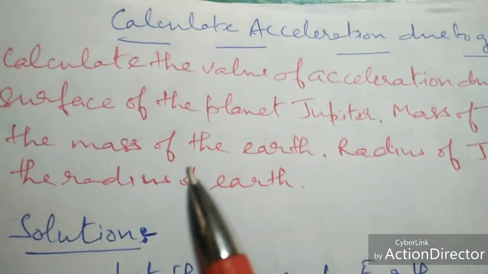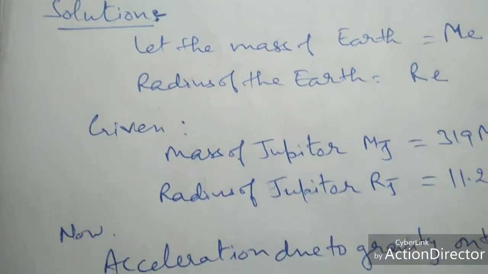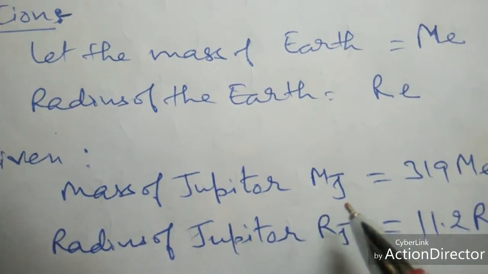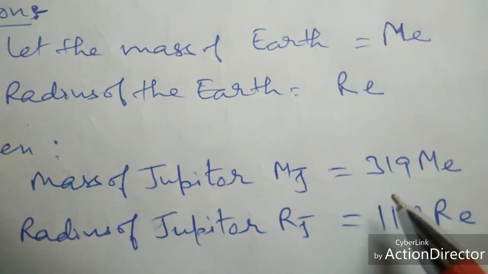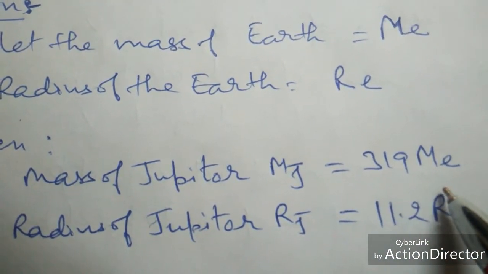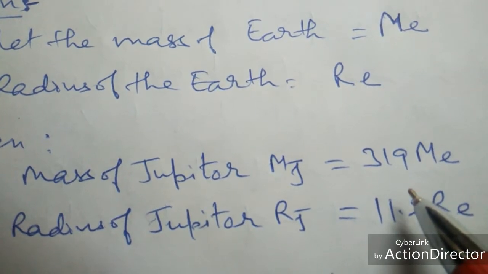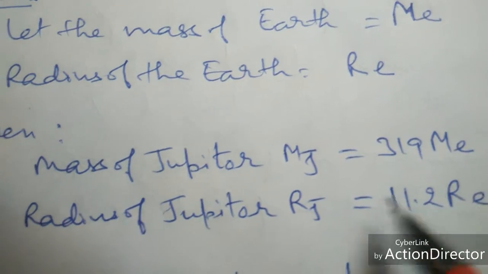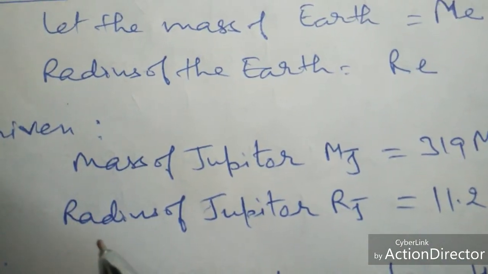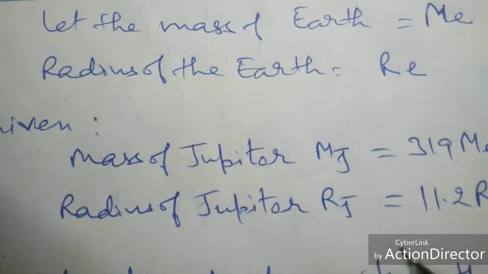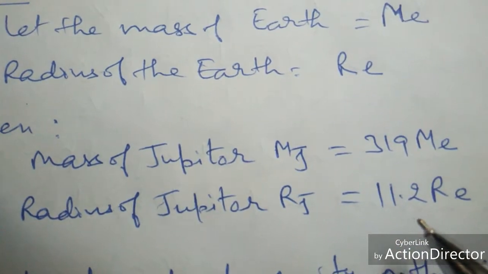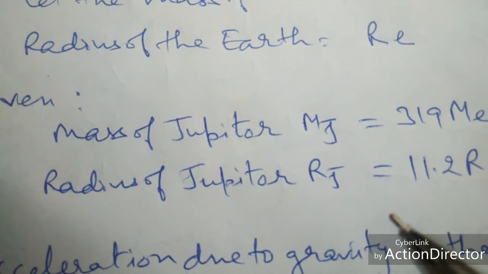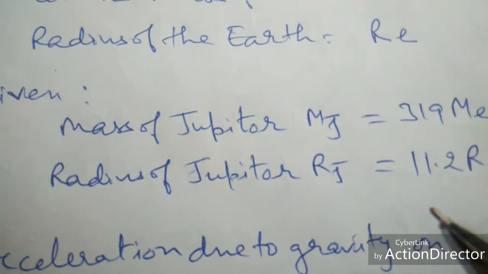So according to the statement, mass of Jupiter, that is Mj, will be 319 Me, because the mass of Jupiter is 319 times that of Earth. Similarly, the radius of Jupiter, Rj, will be 11.2 Re, because the radius of Jupiter is 11.2 times the radius of the Earth.